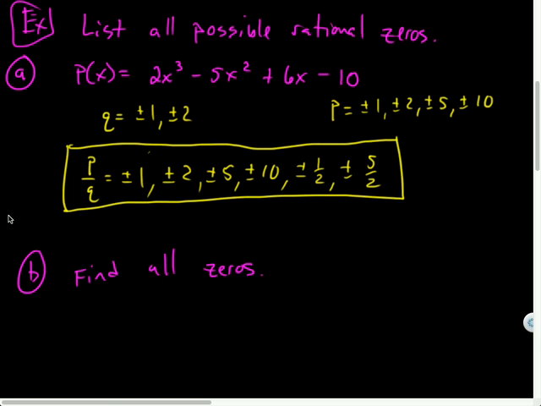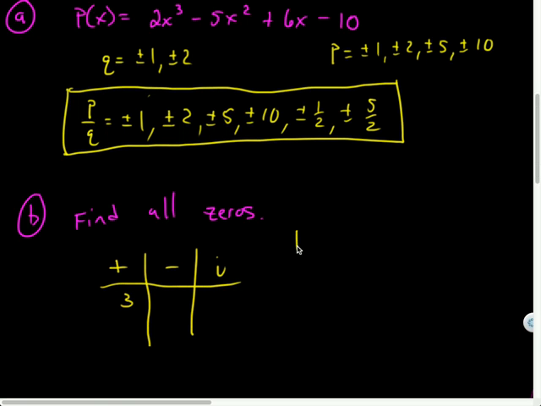So let's just do a Descartes' rule of signs analysis so we can narrow our search down a little bit. So how many sign changes are there for the positives? 3. So yeah, 1, 2, and then back. So yeah, 3. And then let's figure out what p of negative x is. So that would have been negative 2x cubed, negative 5x squared, negative 6x, and negative 10.